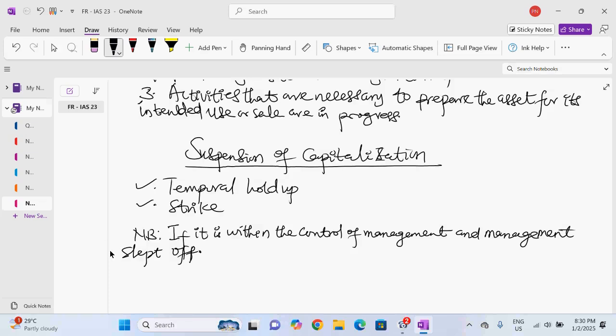It is not because of any natural disaster, anything that human beings do not have control over. So management has control over it, then suspension takes place.